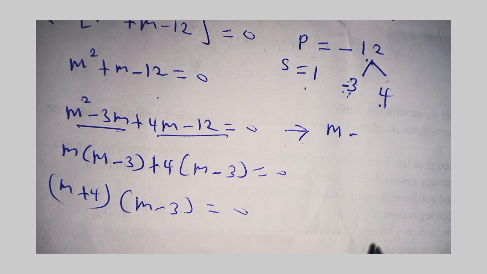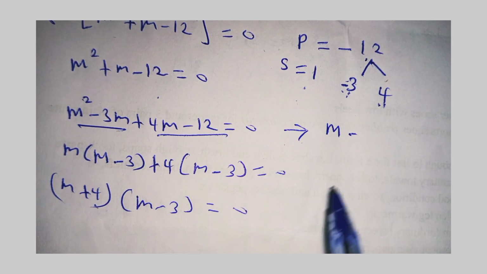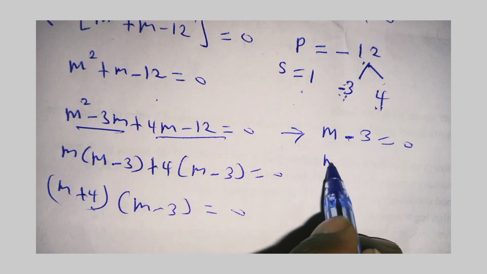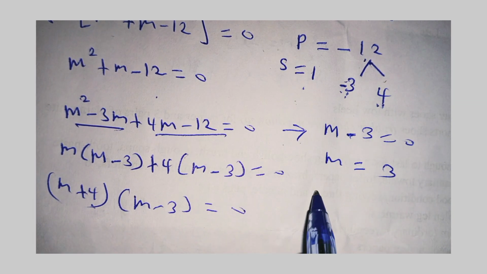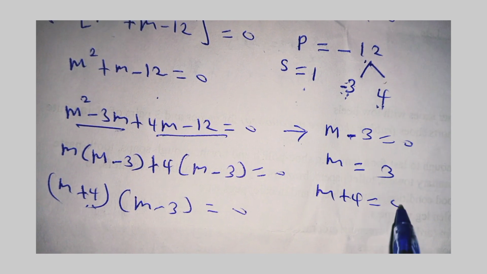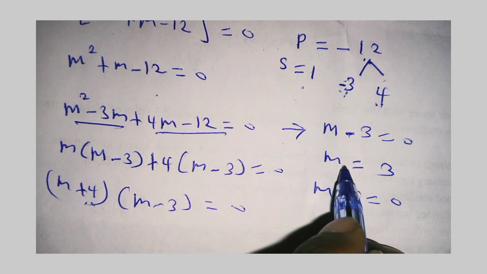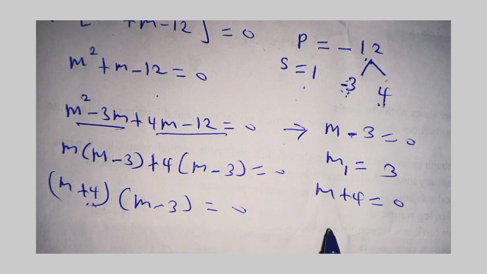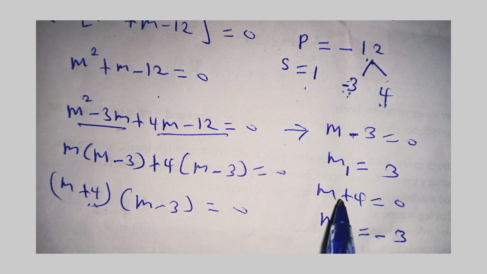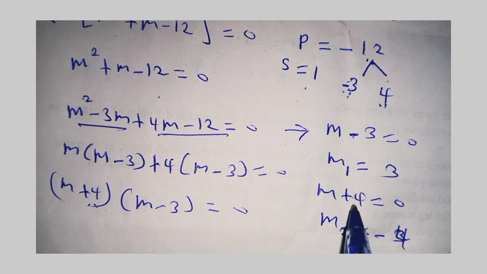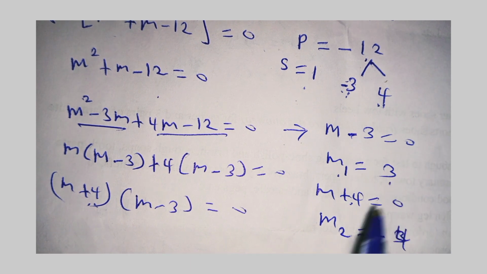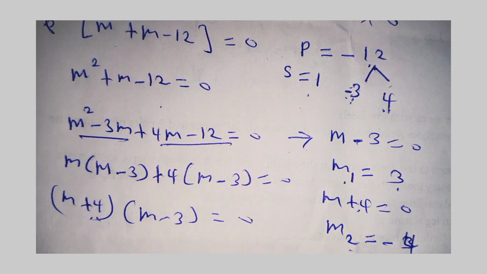So either m minus 3 is equal to 0, meaning m1 is equal to 3, or m plus 4 is equal to 0, so m2 is equal to negative 4. So our m1 is 3 and our m2 is negative 4.